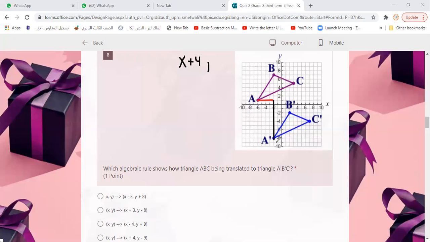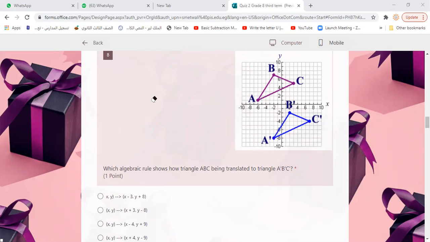And for sure, we move down, so this is negative: 0, 1, 2, 3, 4, 5, 6, 7, 8, 9. So it will be y minus 9 because we move down. Now we will check which choice is the same as the relation we found here. Yes, the last choice is the right answer: x plus 4 and y minus 9. So this one is the right answer for question number 8.